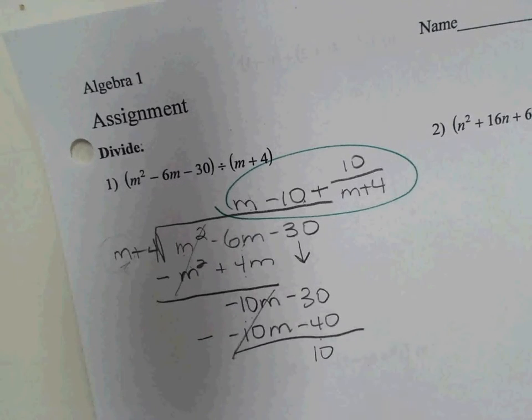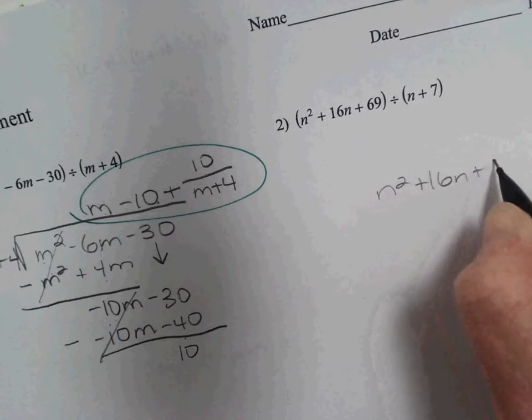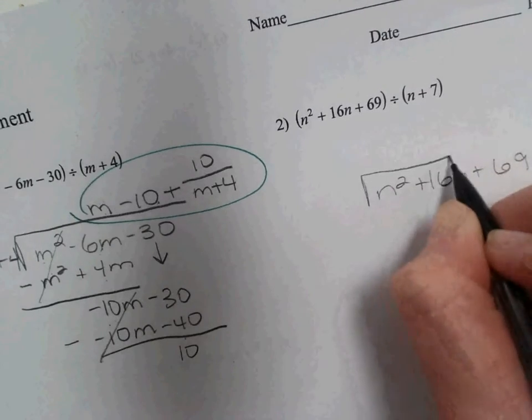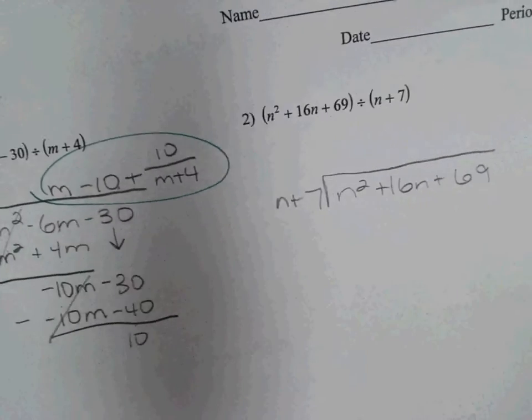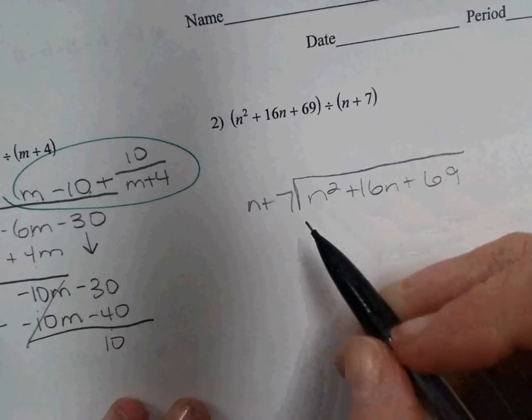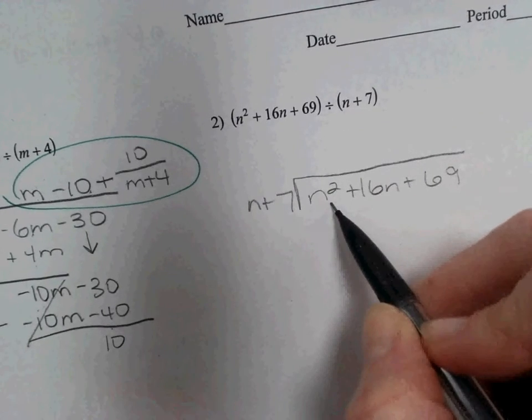Next one. N squared plus 16n plus 69 divided by n plus 7. So again, what times n is n squared? Same as the last one.